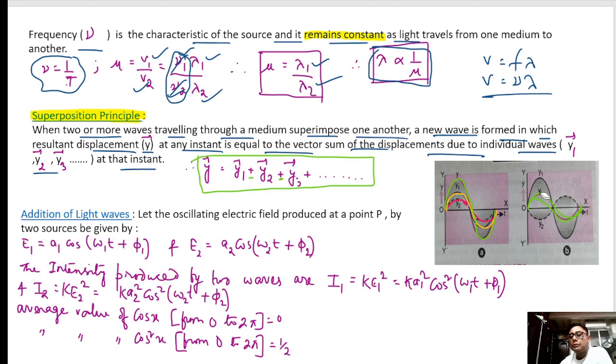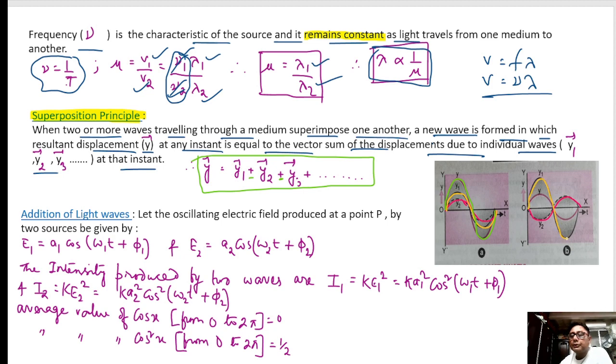Let me show you. This will be the resultant wave. So here, this is the first wave, and this is the second wave.